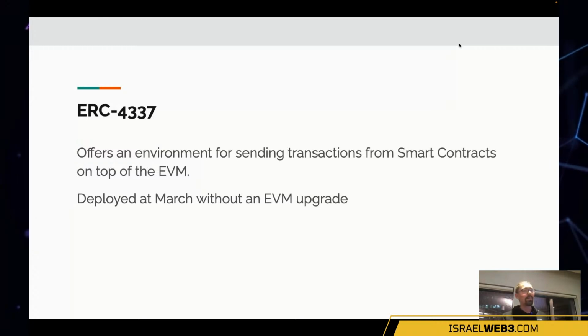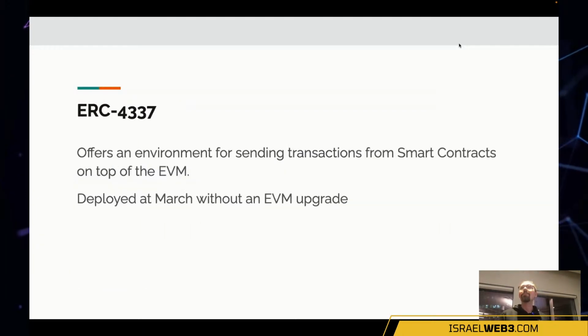Basically, ERC 4337 offers an environment for smart contracts to send transactions on top of the EVM. It's not related to the EVM. They have their own flow for sending transactions, and it was deployed in March, a couple of weeks ago, and there was no EVM upgrade.